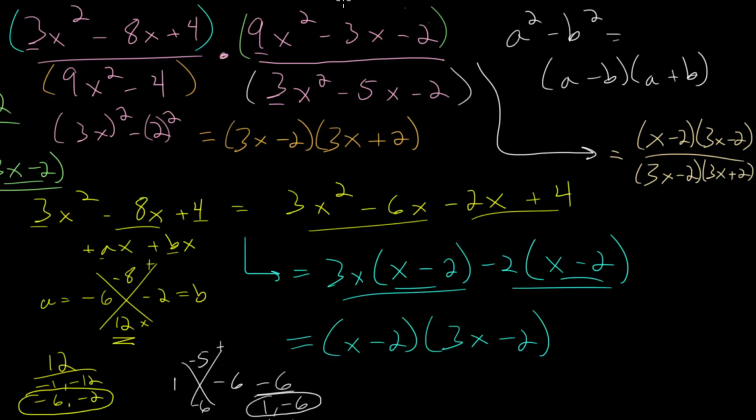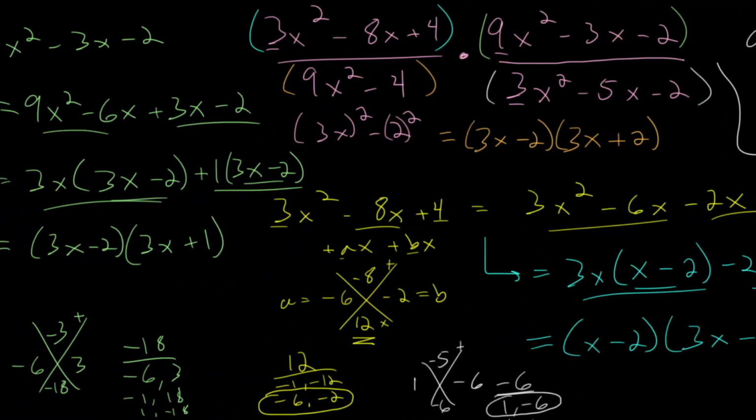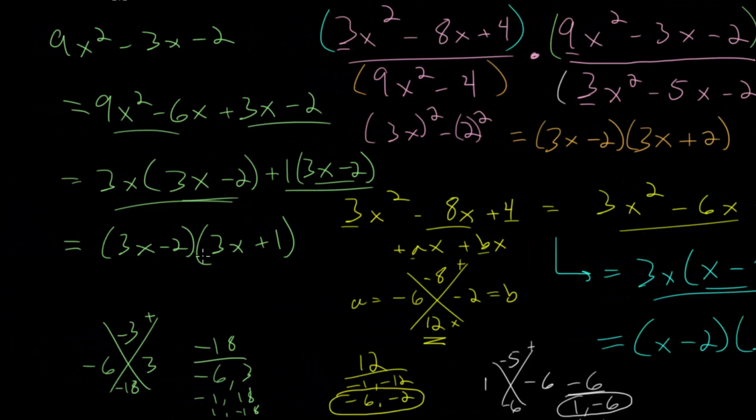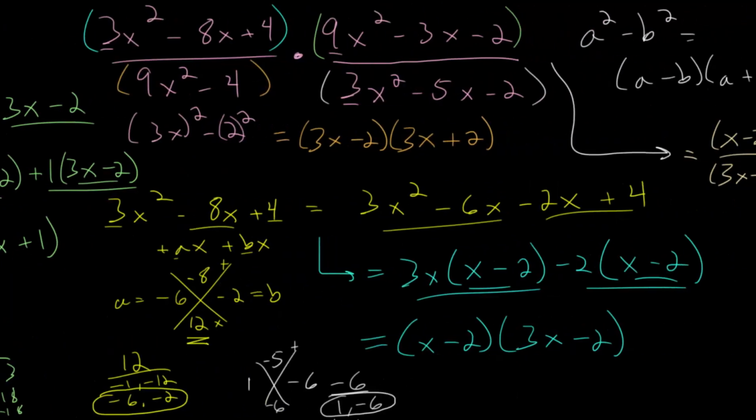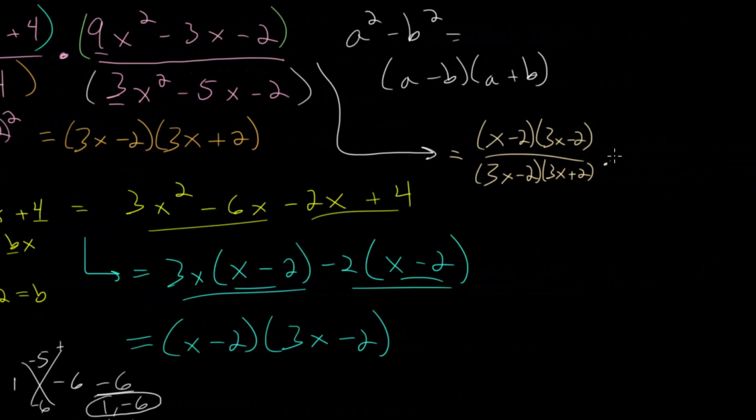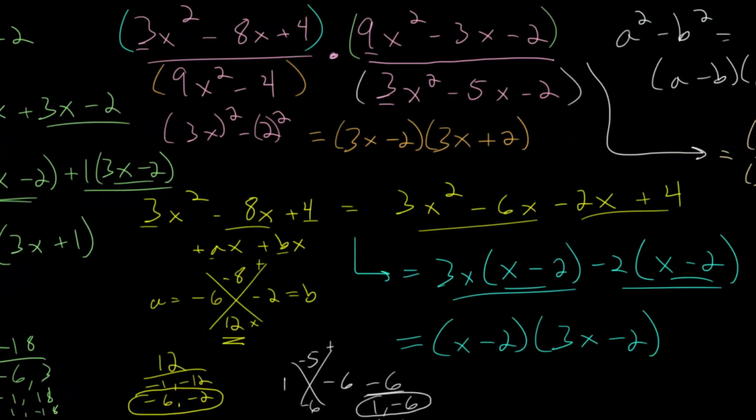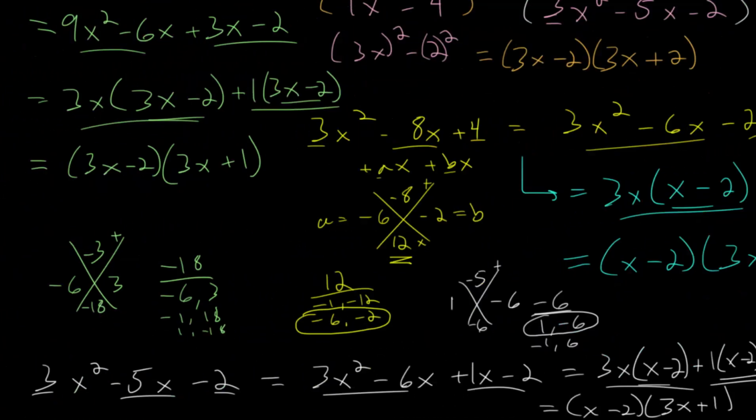And then we multiply it by this second fraction. And when we factored this numerator, this 9x squared minus 3x minus 2, we got 3x minus 2 multiplied by 3x plus 1. So we can put that in, 3x minus 2 multiplied by 3x plus 1. And we'll divide it by this quadratic here, which we factored down below a little bit.